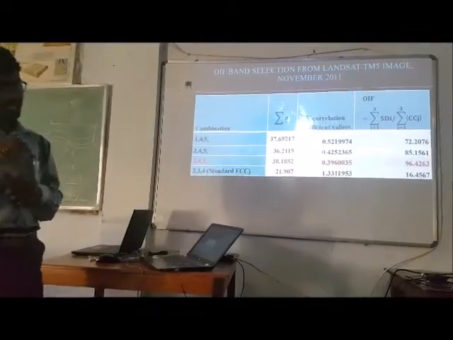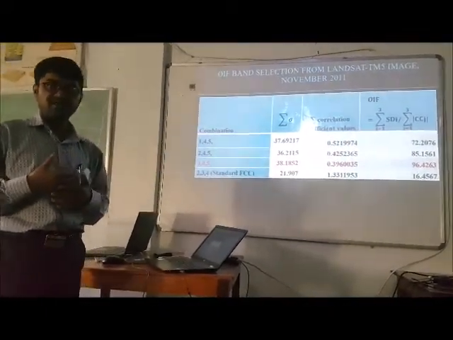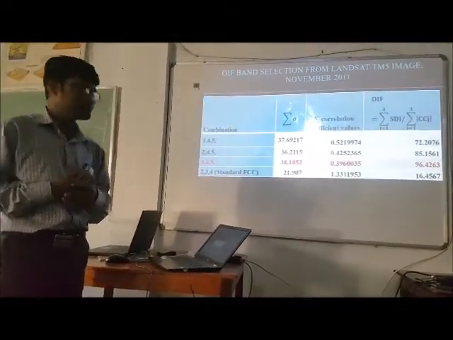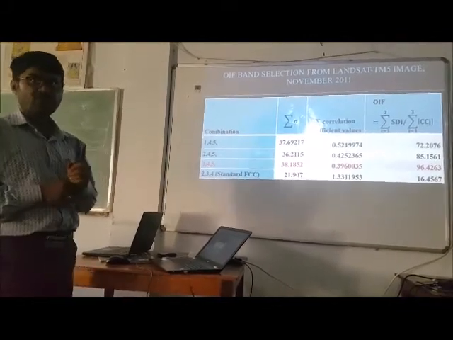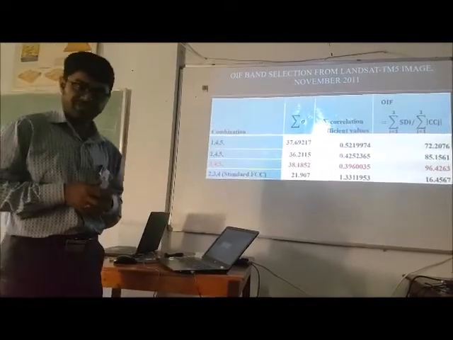And if we make permutations and combinations of the 7 bands of Landsat TM, we can get 35 band combinations.